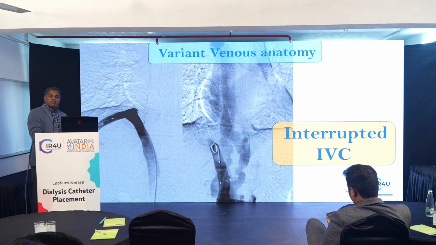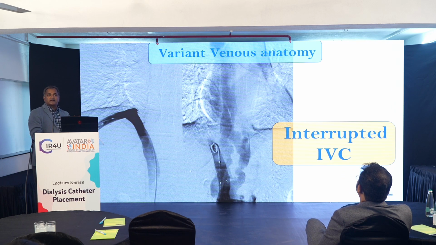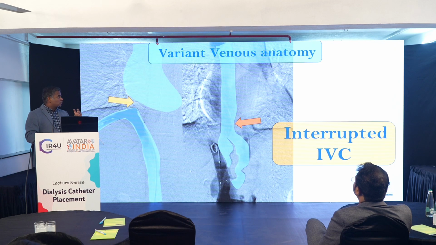Coming to the infradiaphragmatic, you might have heard how the IVC is formed when the child is in the womb. One disruption of this is called interrupted IVC, where there is no connection between the IVC and the right atrium. Instead, all the blood drains from collateral veins into the right atrium.